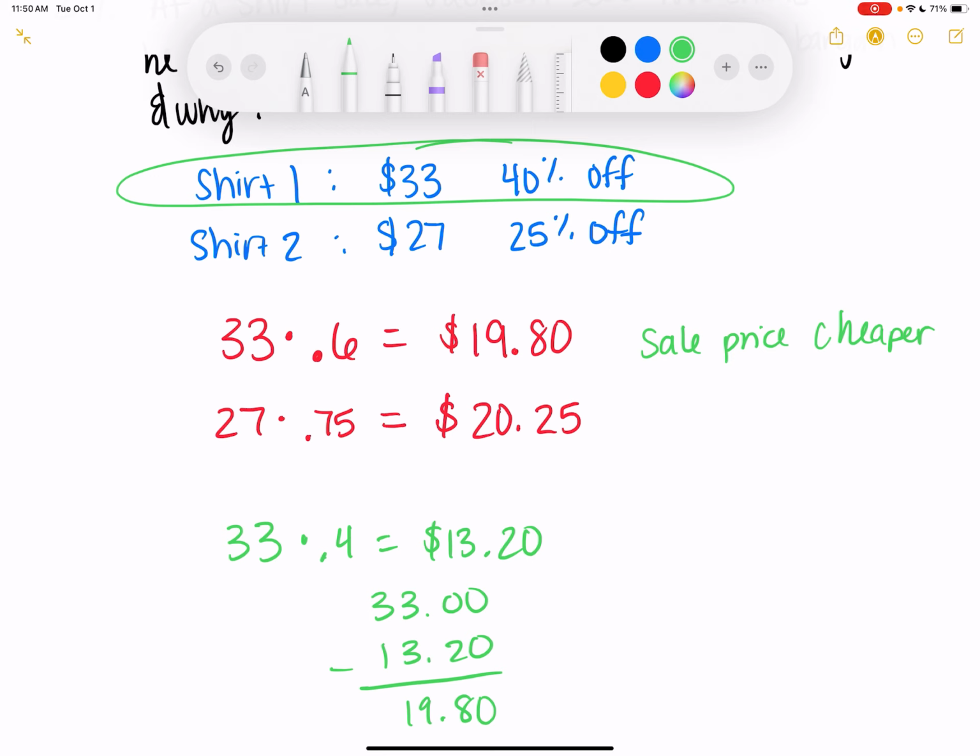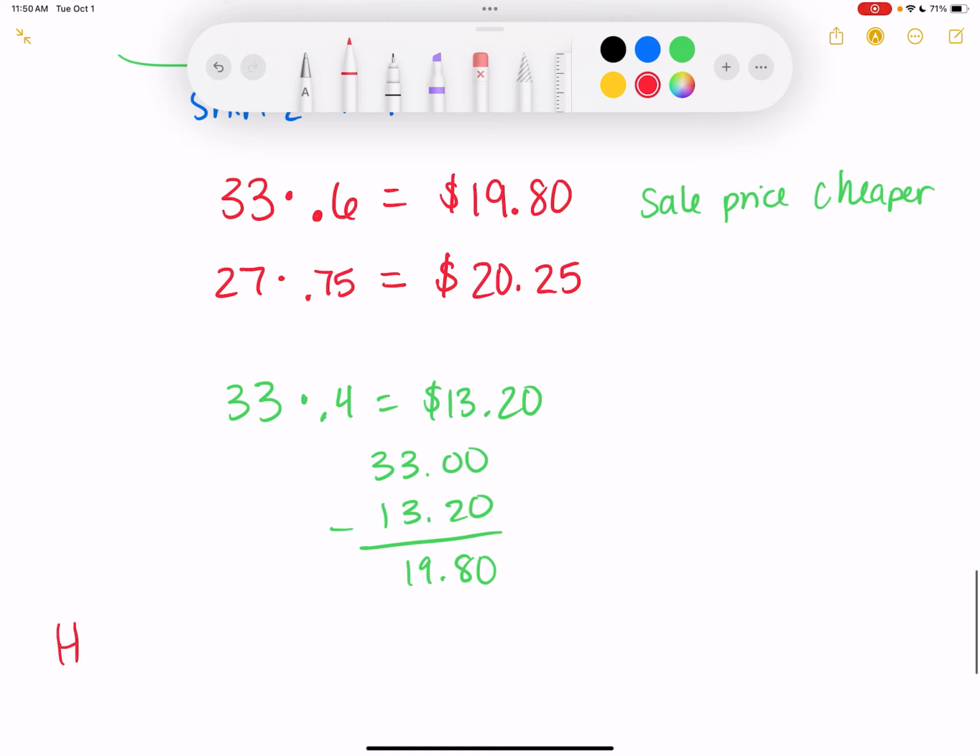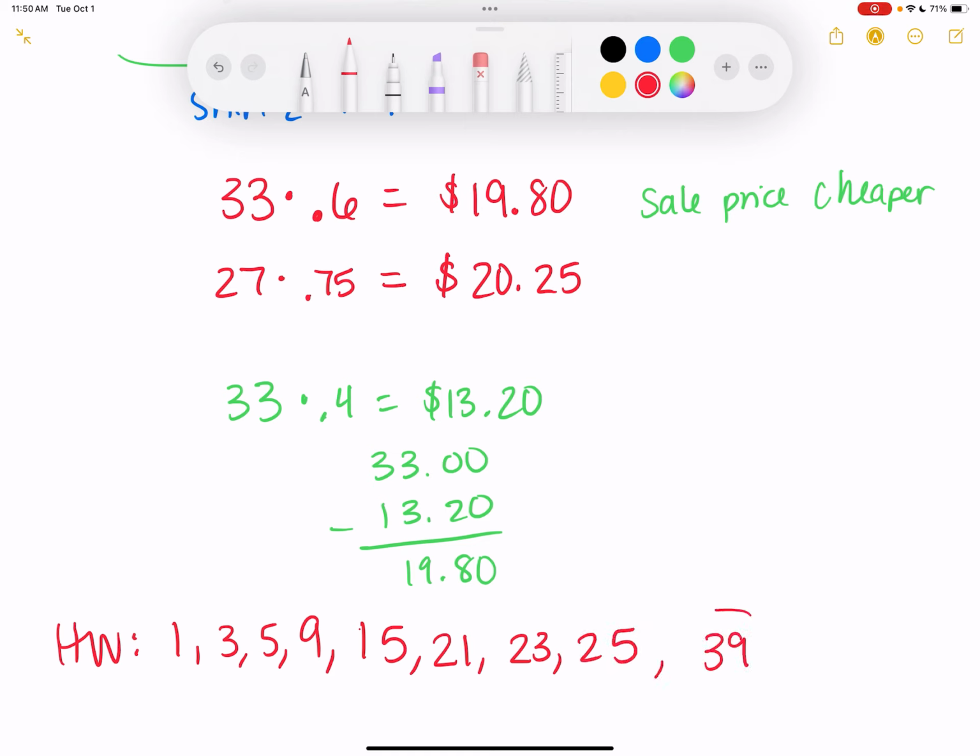So, all right, problems, and you will have tomorrow to do them because there's not that much time left. And there's probably one more we're going to look at tomorrow as well, just because you need to understand how it works. 1, 3, 5, 9, 15, 21, 23, and 25. 39, go ahead and write that one down, but we're going to do that one together tomorrow at some point.